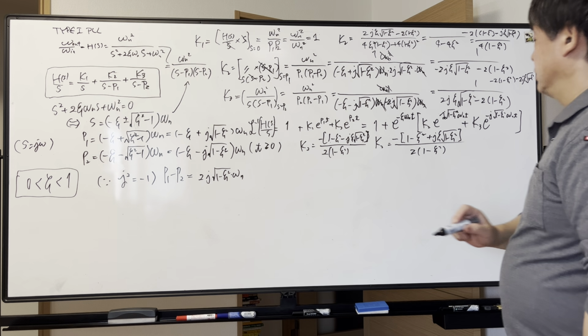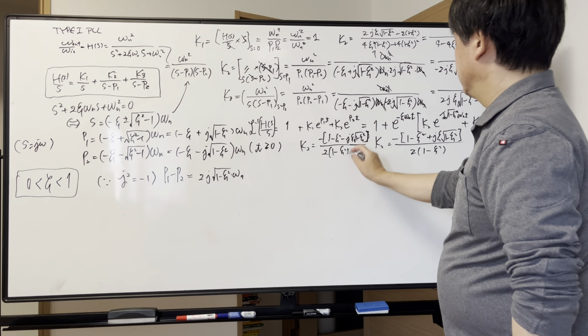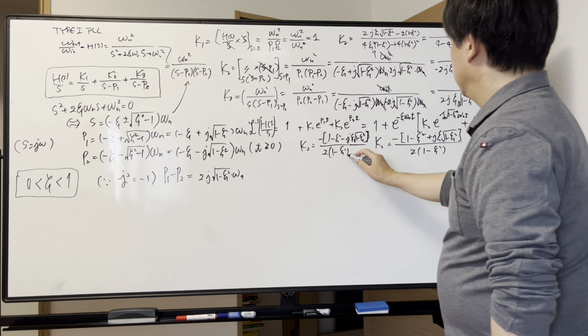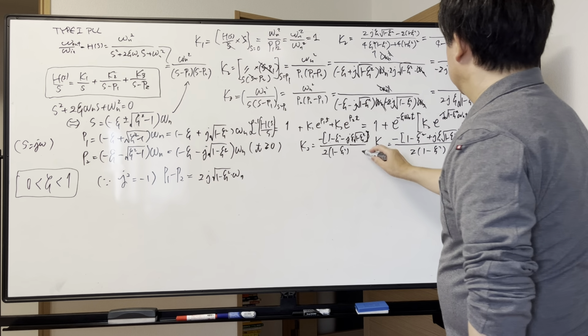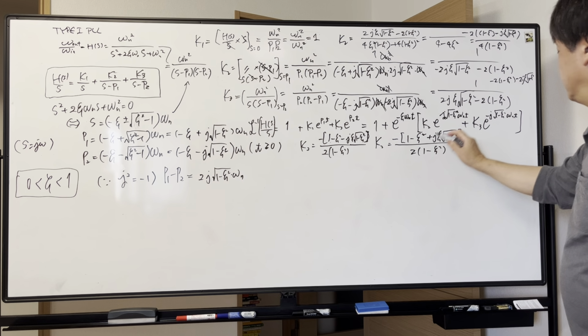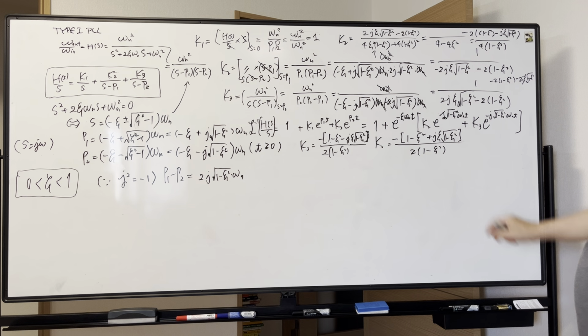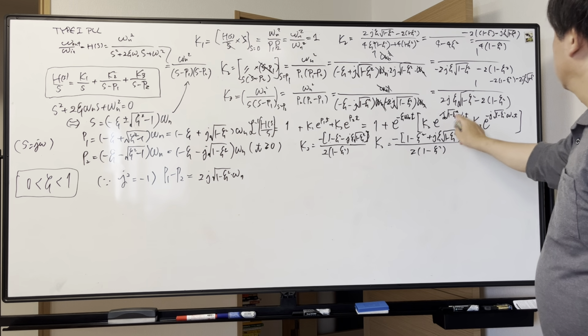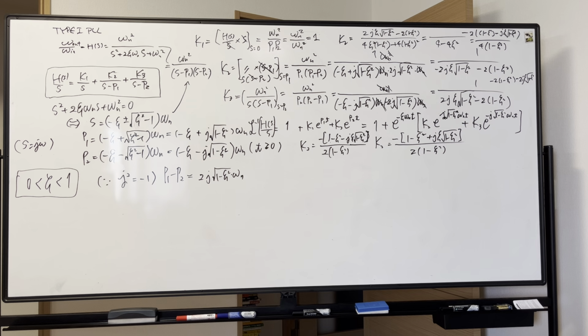And the real number is this part, and the complex part, the imaginary part, is this. The real number and imaginary parts multiply these imaginary numbers.